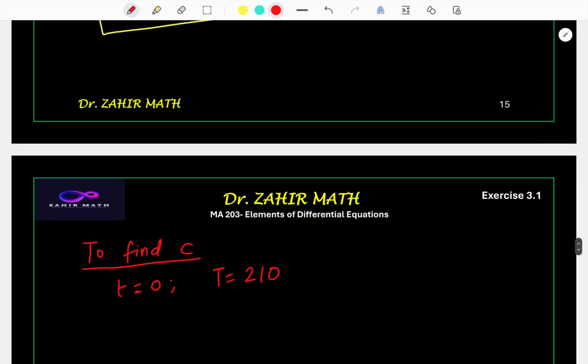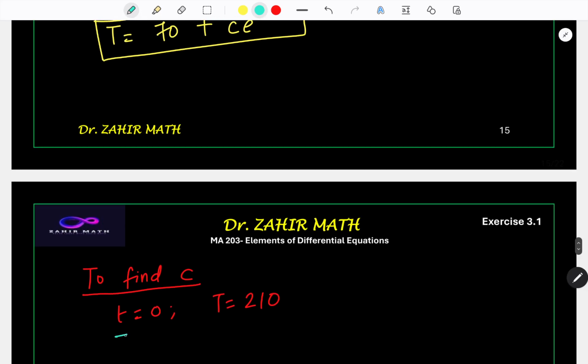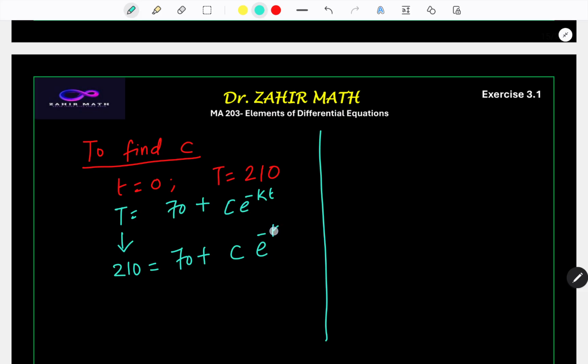Okay, right. So let's start. This is your differential equation. So let me write here T equals 70 plus c e power minus kt. So T equals 210 when t equals 0.